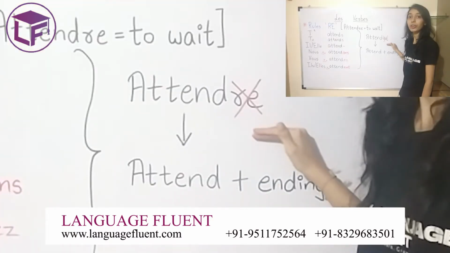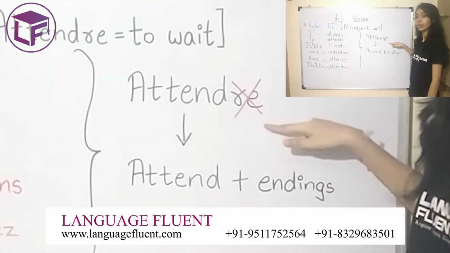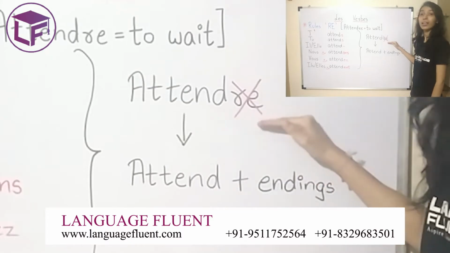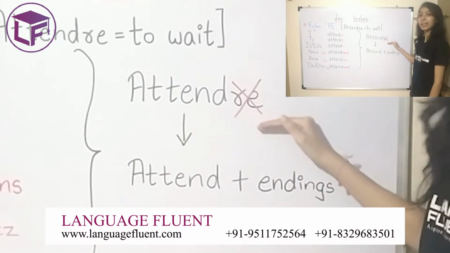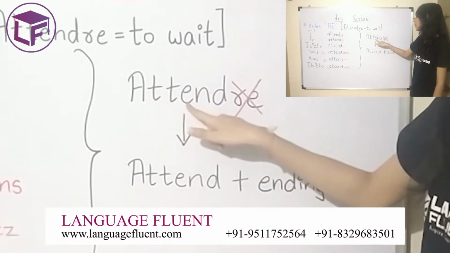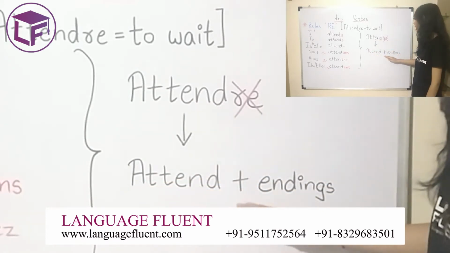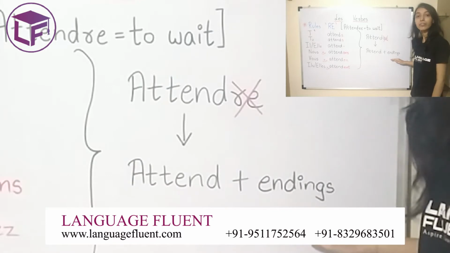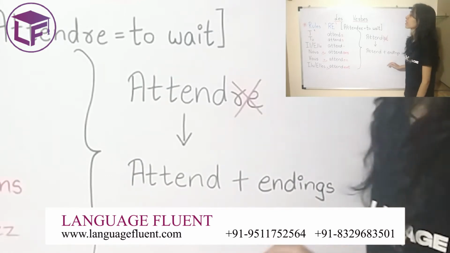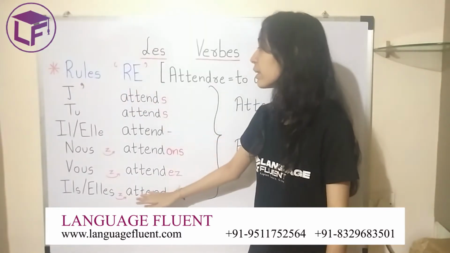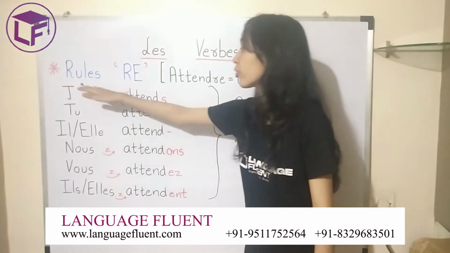So from here we cut RE. We eliminate RE and the word we get is ATTEND. So we write ATTEND and we add endings. We just add endings. So we write ATTEND to each and every subject pronoun.